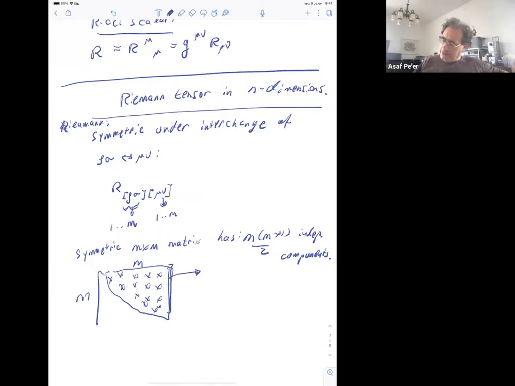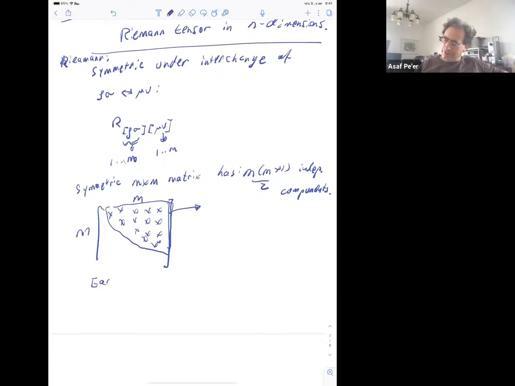Right? But each of these m indices is by itself an n by n anti-symmetric matrix, because we have two indices which are anti-symmetric, the first pair and the second pair.